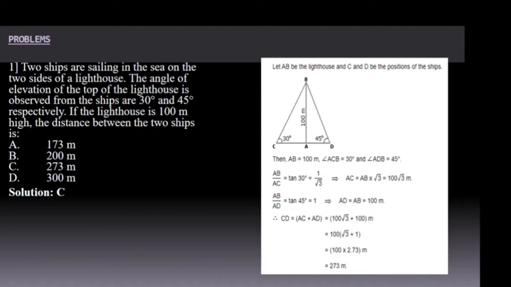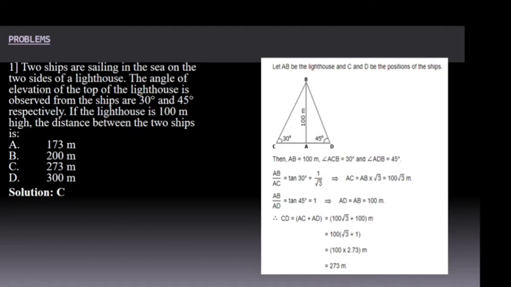So the first one, two ships are sailing in the sea on the two sides of a lighthouse. The angle of elevation of the top of the lighthouse is observed from the ships are 30 degree and 45 degree respectively. If the lighthouse is 100 meter high, the distance between the two ships is. Okay.